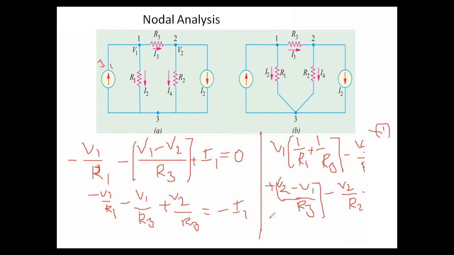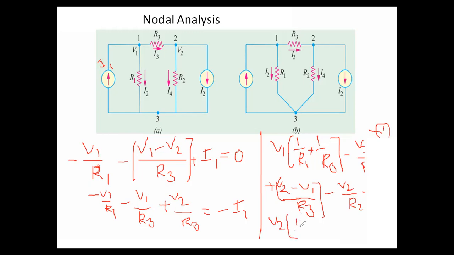And from this, V2 by R3, we can take this I2 to the right side, we can get it positive. Okay, so from this V2, the plus V2, and this is the minus V2. Take V2 as a common factor.